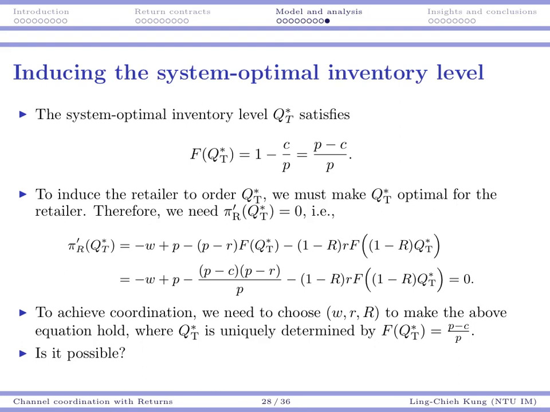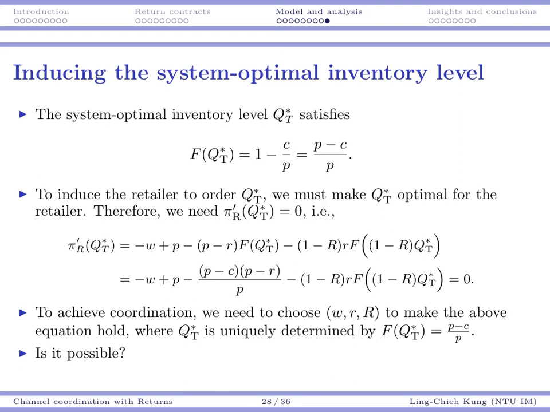And then what we want to do is to compare the system optimal order quantity with the retailer optimal order quantity. We hope that if we plug in the system optimal order quantity to the retailer's first order condition, it can be satisfied.